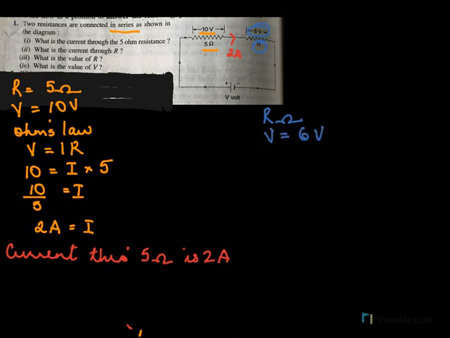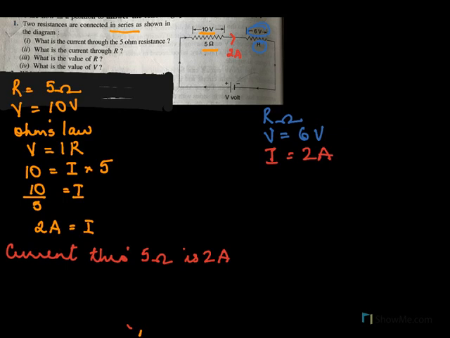The same current will flow through R because 5 ohms and R are connected in series. So in the next step I'm going to write: current through 5 ohms is 2 amperes. Now for my next resistance, that is R, I don't know this R, but I know the voltage here is 6 volts, and the current in this is 2 amperes, which I have calculated.